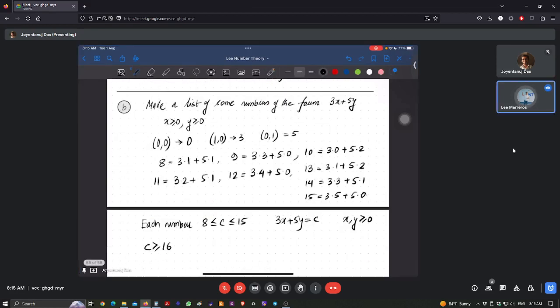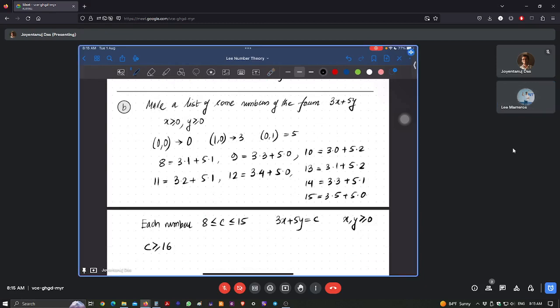What about 17? No, 17 is also possible, right? Yes, that is the idea. So they're asking to give a conjecture. The conjecture is any number from 8 onward, we can actually express it.